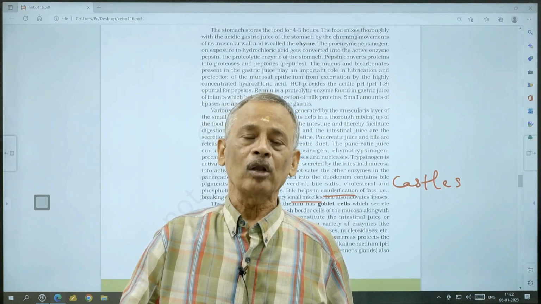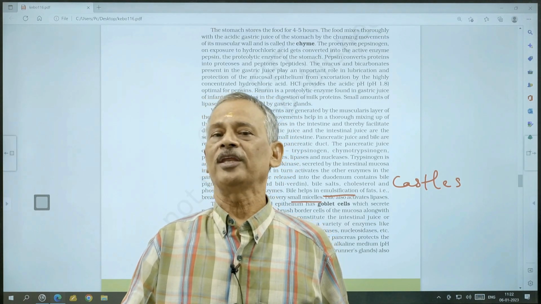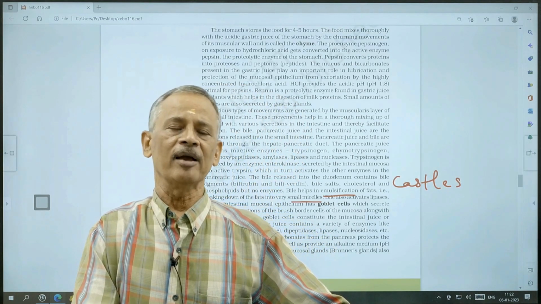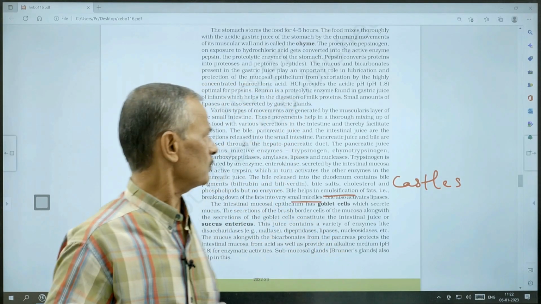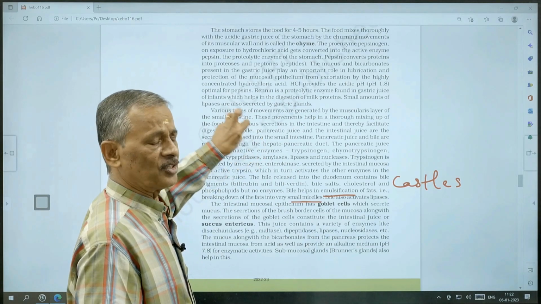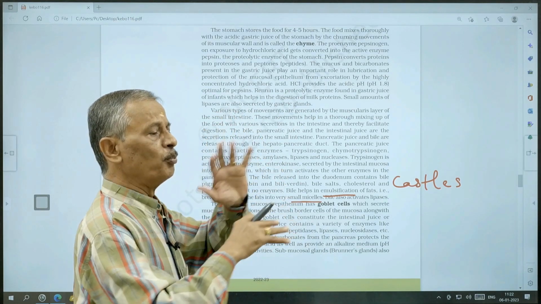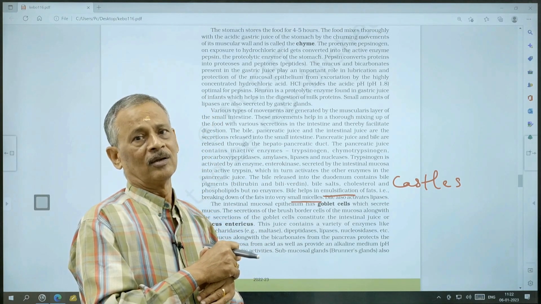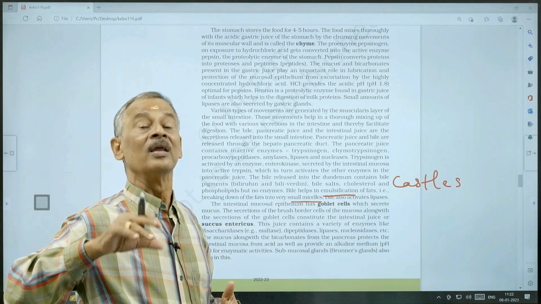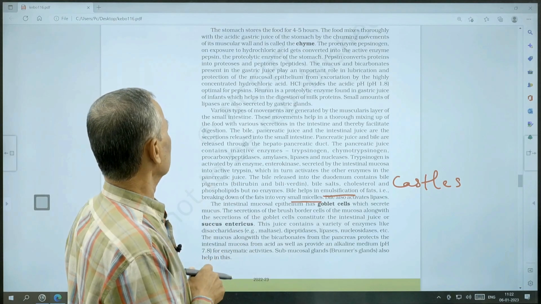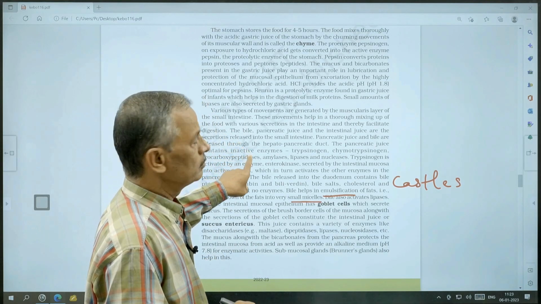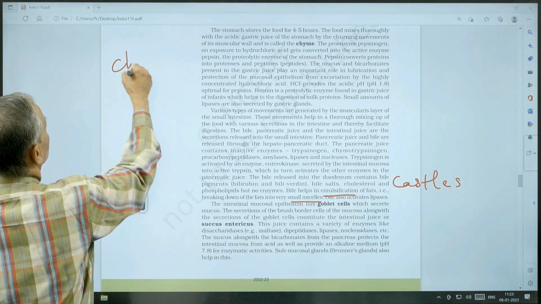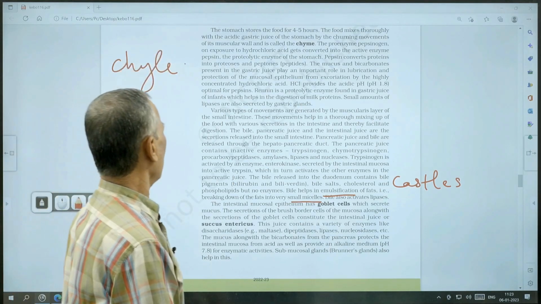They will be active only in a pH of 7.8, alkaline, and intestinal juice also requires an alkaline medium in which they will work best. And the chyme that is coming to the duodenum is now mixed with all these fluids and becomes a highly fluid food which flows through the intestine. That fluid is called chyle.